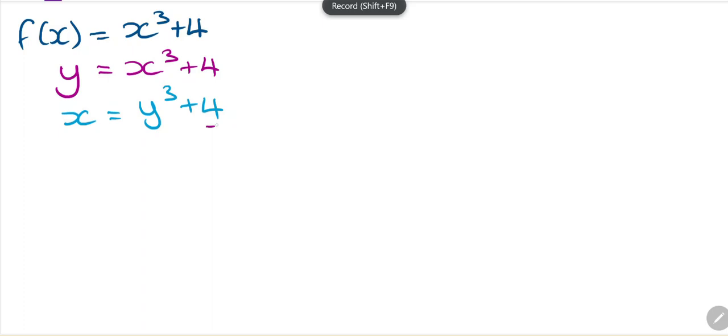So we're going to be looking at simplifying and solving. So minus 4 to both sides. x minus 4 is y cubed. Now we need to take the cubed root of both sides.